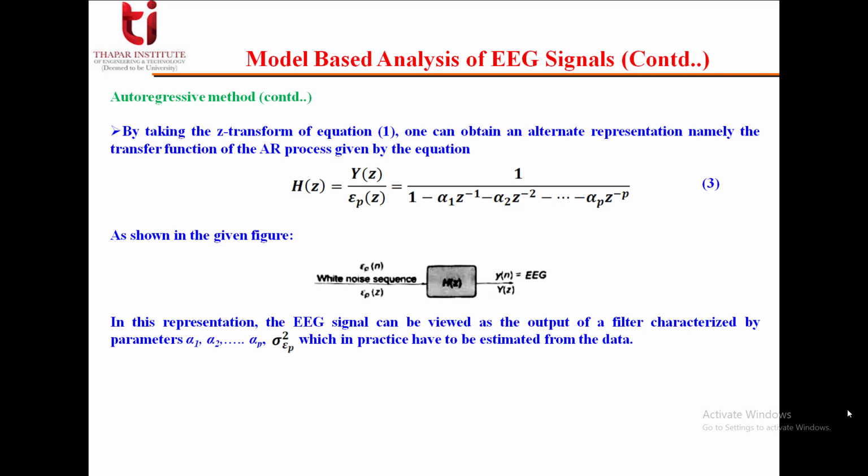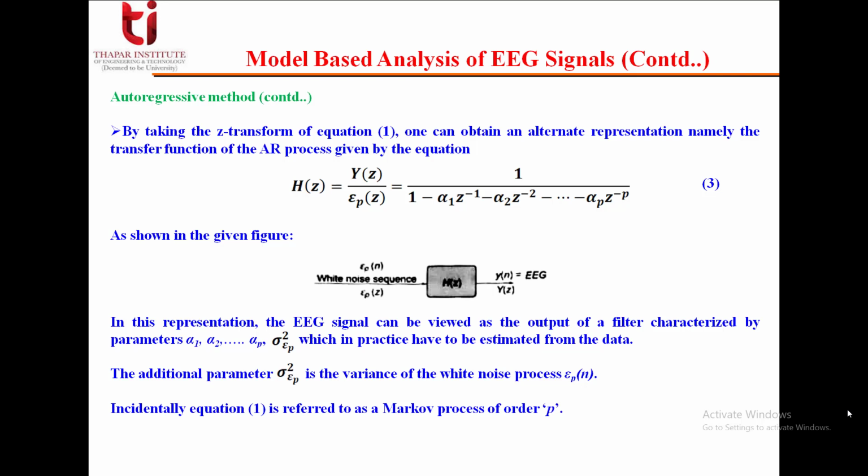So in this representation we can see that the EEG signal can be viewed as the output of a filter which is characterized by the parameters alpha 1, alpha 2 up to alpha p, and sigma epsilon p square, which in practice have to be estimated from the data. The additional parameter sigma epsilon p square is nothing but the variance of the white noise process epsilon p n.